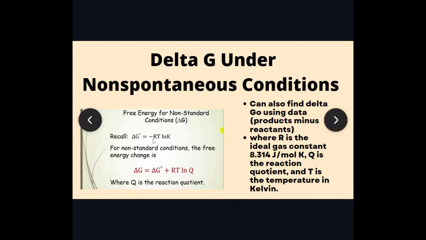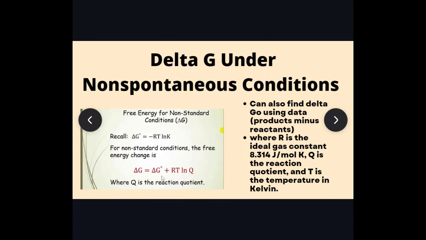In the initial formula, delta G naught is equal to minus RT ln K, or you can also find delta G naught from given data, just like you did in Gen Chem 1 with the enthalpy values, and later you can do that with entropy. However, for non-standard state conditions, the free energy change is delta G equals delta G naught, which is at standard conditions.